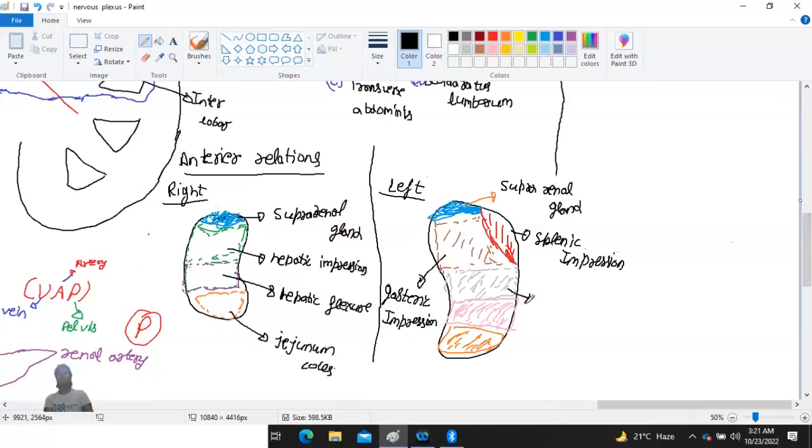This is the pancreatic impression. This is the splenic flexure impression.